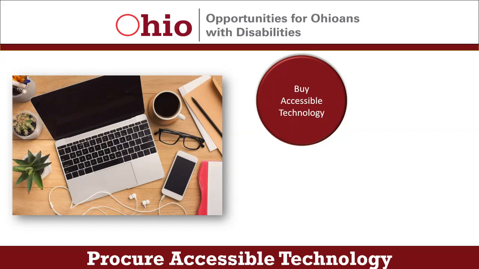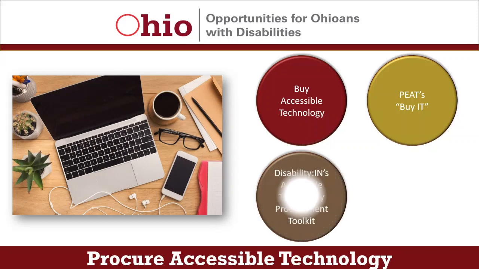The Partnership on Employment and Accessible Technology, which is known as PEAT, has a resource called Buy It. This includes steps for incorporating accessibility into the procurement process, like setting priorities for accessibility, evaluating proposals, testing for accessibility, and managing the accessibility performance of the technology. Disability In has an accessible technology procurement toolkit to help employers purchase technology and services that are accessible to people with disabilities.